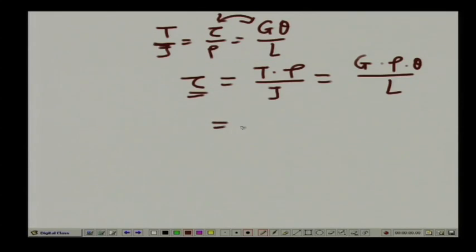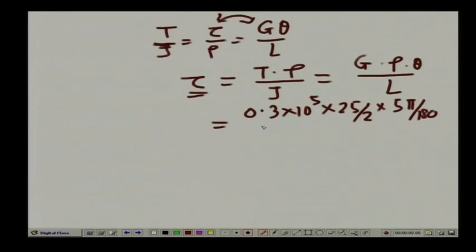If we equate these two, we get the shearing stress tau as equal to G rho theta by L, and this is equal to 0.3 into 10 to the power 5, rho is 25 by 2 and theta is 5 degree. So, in terms of radian, this is 5 pi by 180, divided by L which is 1200.